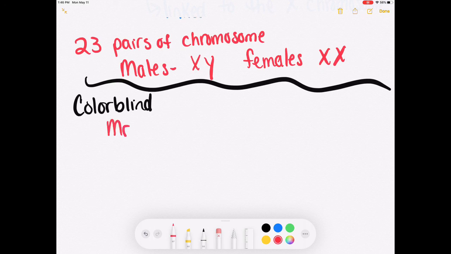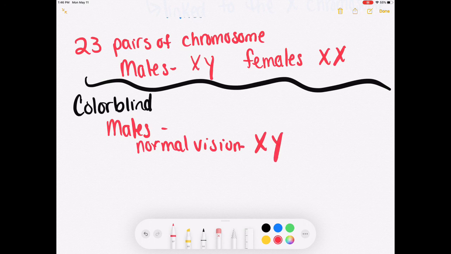So let's start by looking at males. A normal male, a normal vision male, is going to have XY as his sex chromosomes. A colorblind male will have a genotype of X with this little C attached, Y. Sometimes a C will be used for other traits.